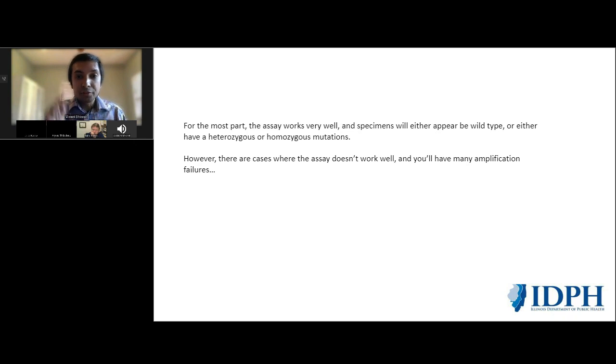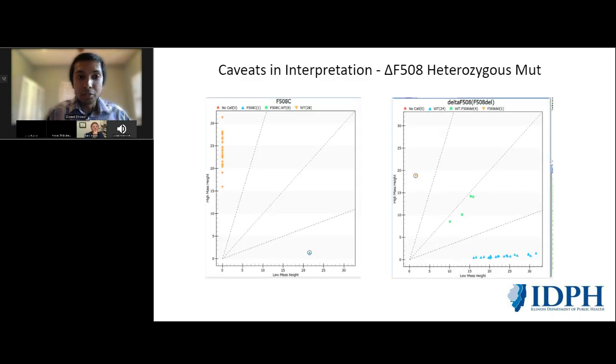So the first caveat is basically data interpretation, which is exemplified with the delta 508 mutation. Specifically with a delta 508, there are different mutations that could happen at the 508 position.